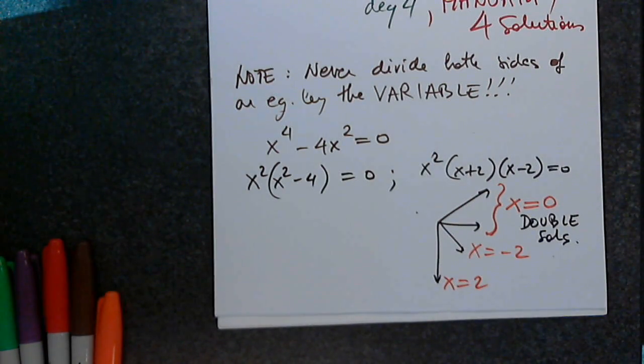Yes, please. So if we wrote out the answer, we would have to specify that x is 0 twice. Yes, you have to show 4 solutions somehow, just to show me that you know that a polynomial equation of degree 4 has 4 solutions, and you will see how important this is later. So like we would state the restrictions on the other one, we would state the degree on this one.